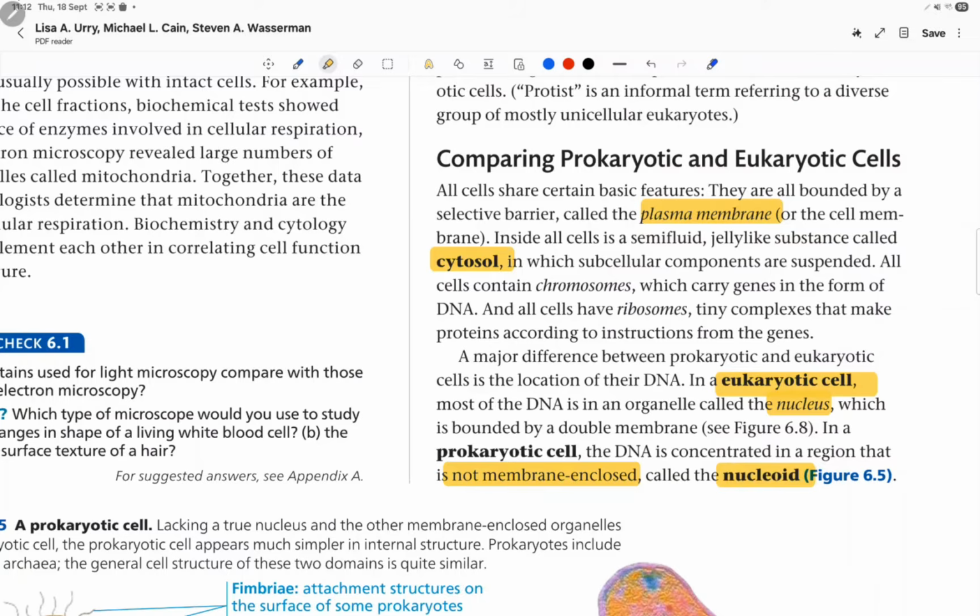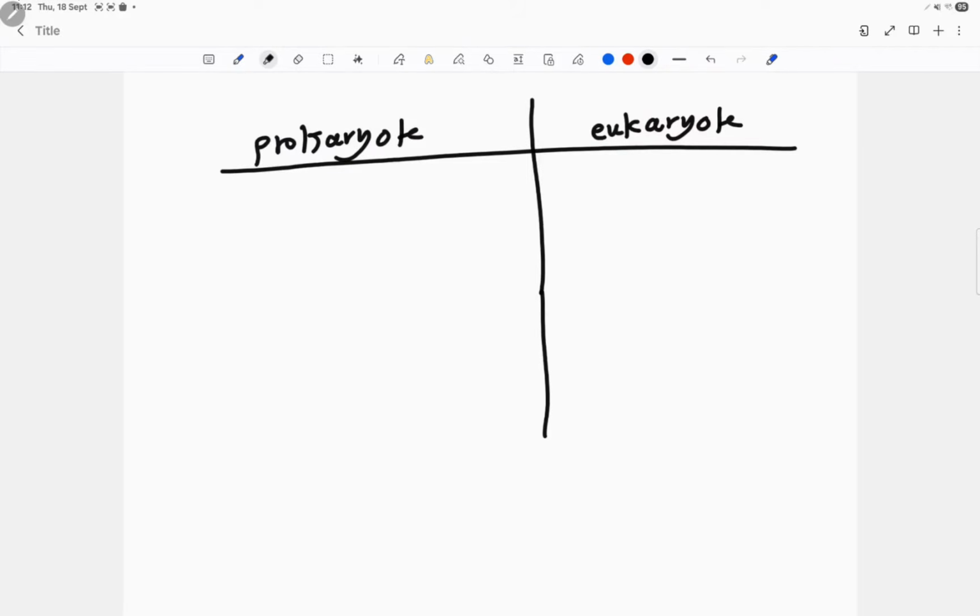So right now, if I were you, I would start to make a table to compare prokaryotes to eukaryotes. Let's do it together. Eukaryotes enjoy the word compartmentalization, which is basically the placing of organelles within their own compartments.